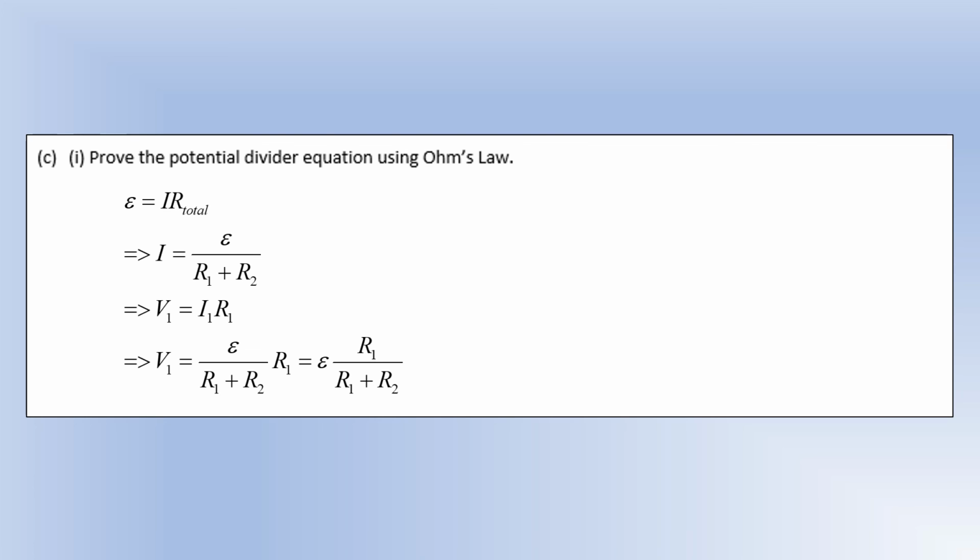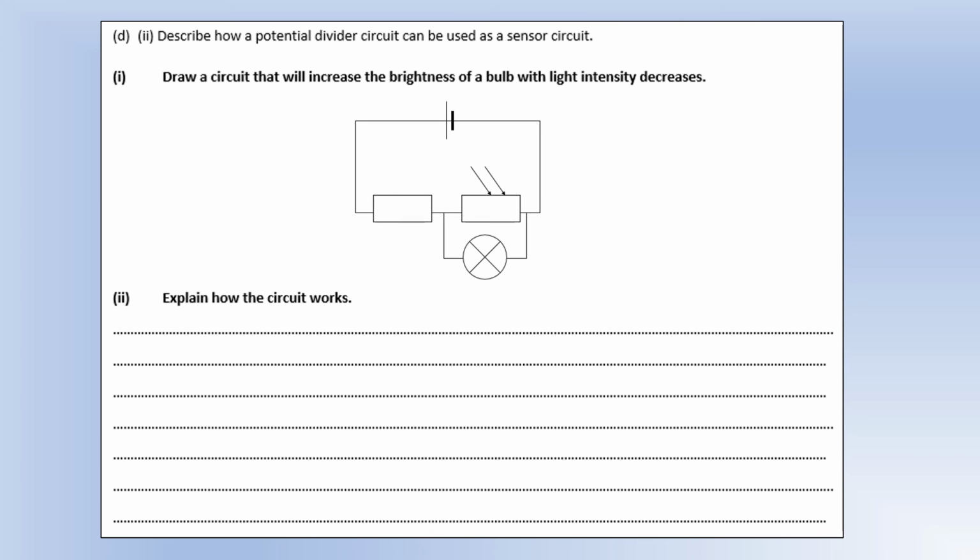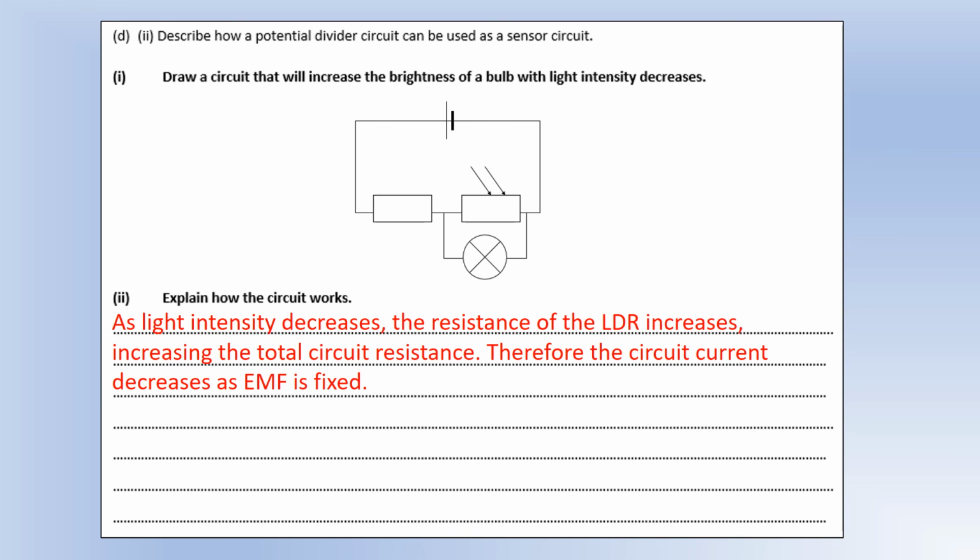So what we can do is use that as a way of expressing what's going on in a sensor circuit. So this is a circuit that will increase the brightness of a bulb if the light intensity decreases.